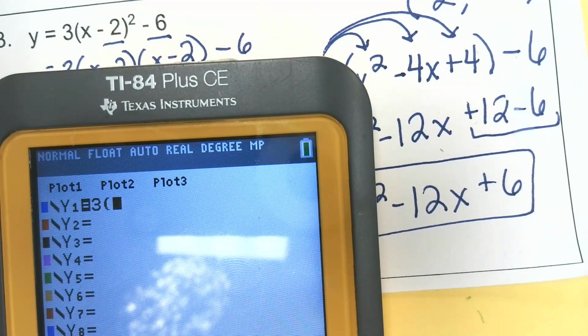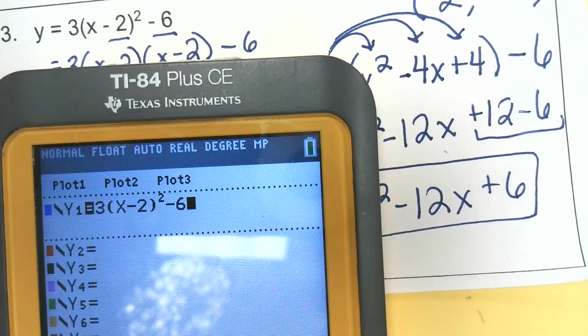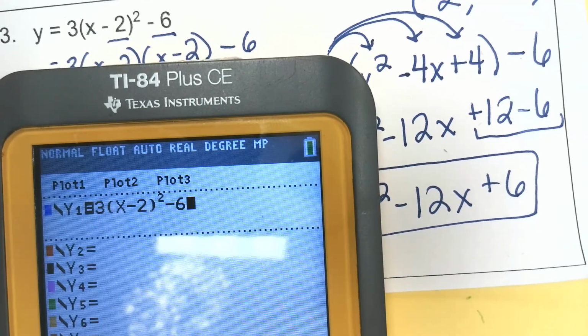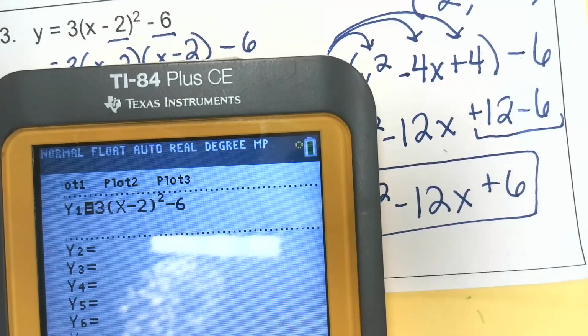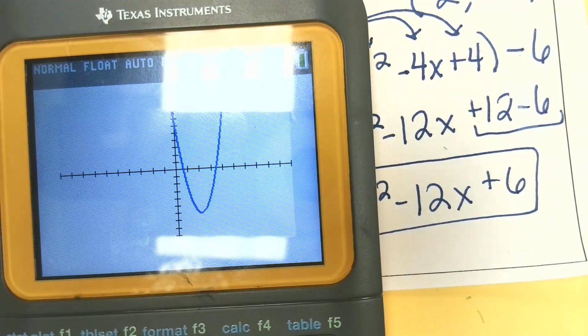So 3 parentheses x minus 2 squared minus 6. Did you put it in? Yep. Hit graph. Make sure our vertex is at 2, negative 6.